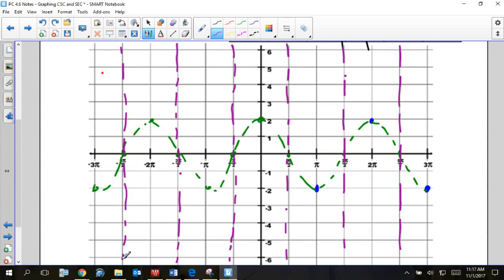Remember, the secant and cosecant go away from cosine and sine. So when you go to draw them in, they go away from each other. So if I can see where cosine was, I can see this was a minimum in cosine, so now it is a maximum going away from that cosine. This was a maximum in cosine, now it's in secant, a minimum.